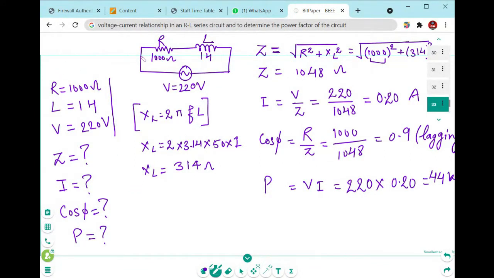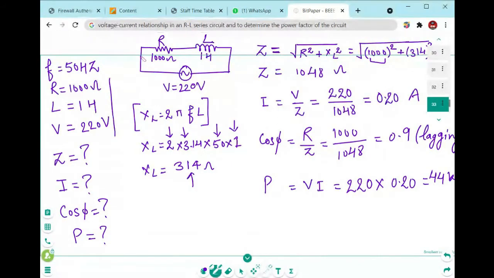So frequency is always 50 hertz. In India we are using the frequency 50 hertz. If this frequency is not given, you have to assume the frequency 50 hertz. So we will put the values of pi and frequency, and the inductor value is 1 Henry.